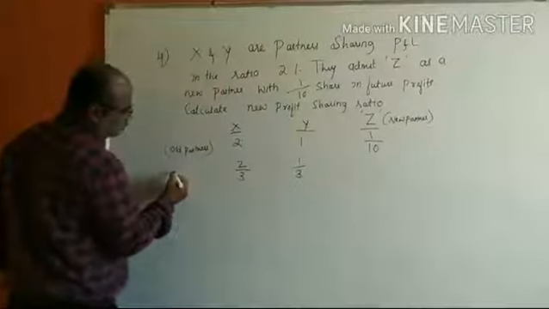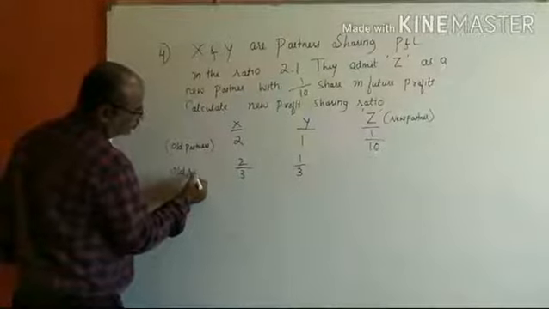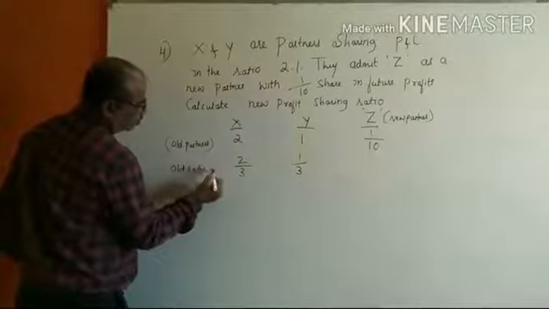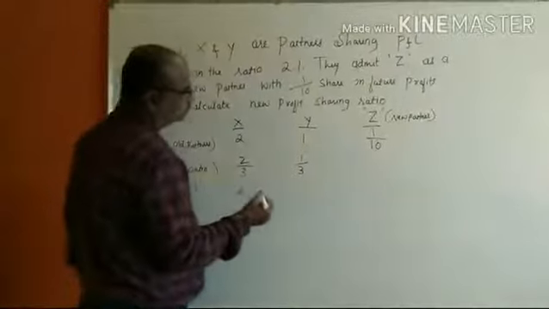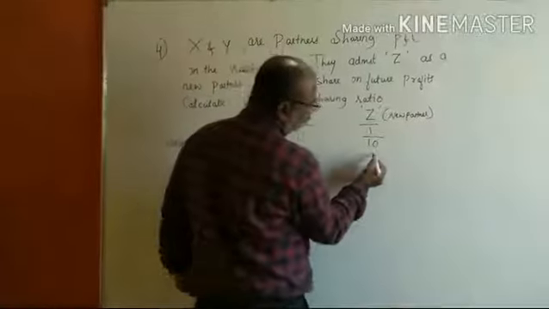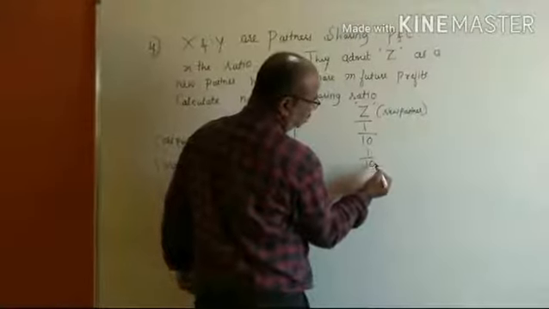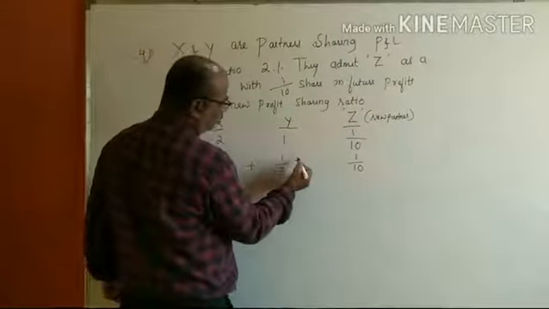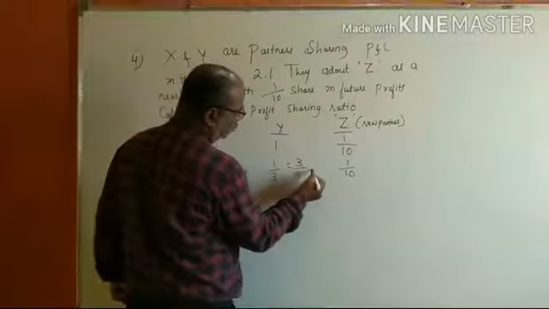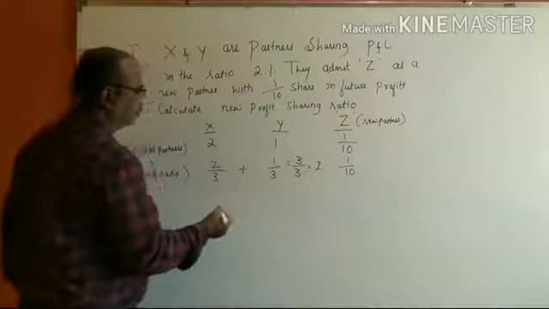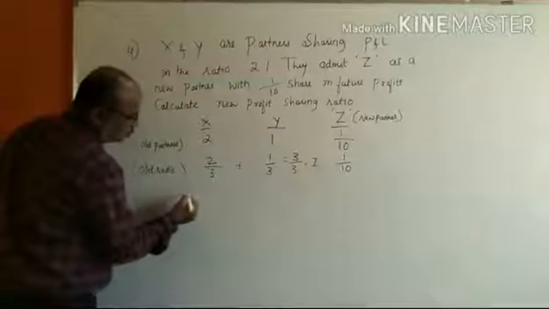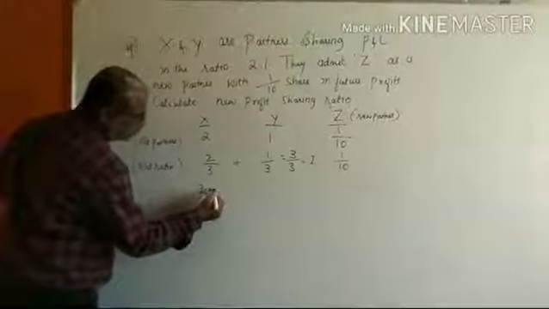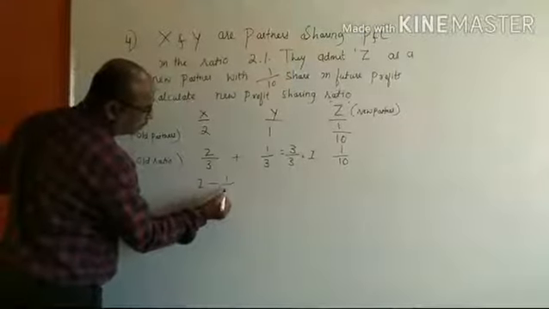This is the old ratio of old partners, and they are supposed to give how much? 1/10 to Z. So 2 plus 1 equal to 3/3 equals how much? 1. Then 1 minus 1/10.